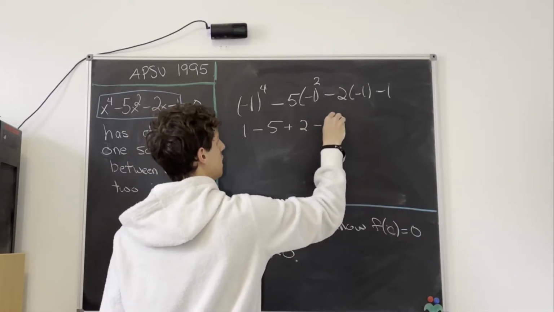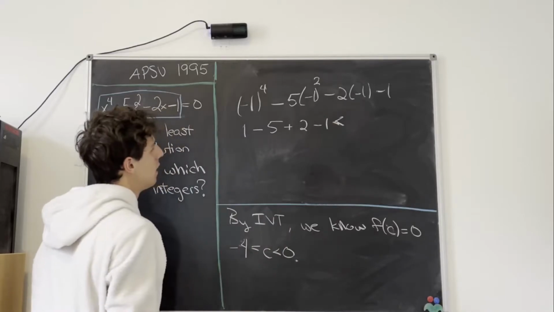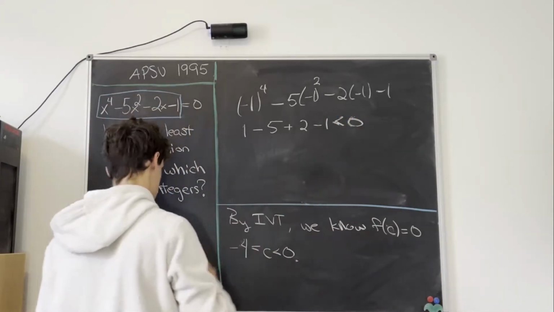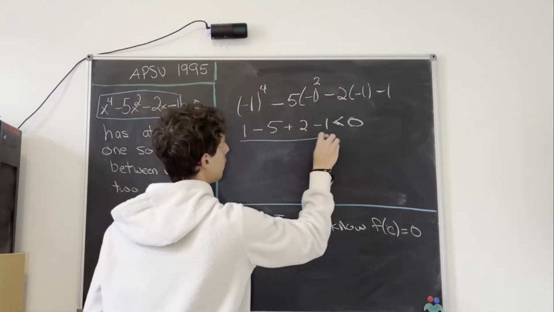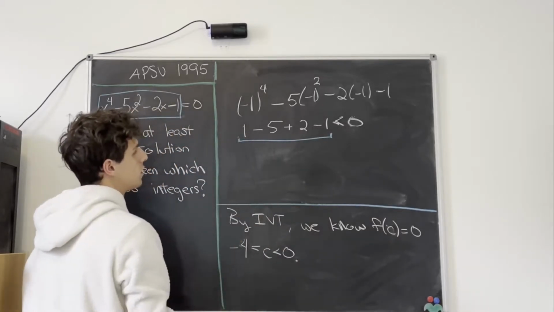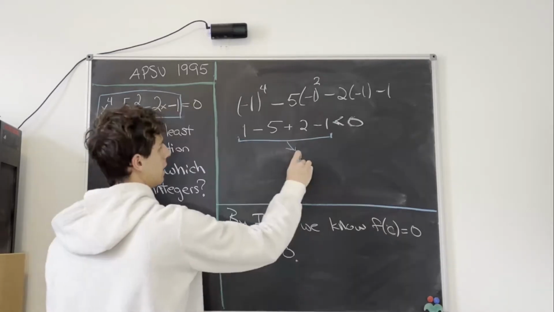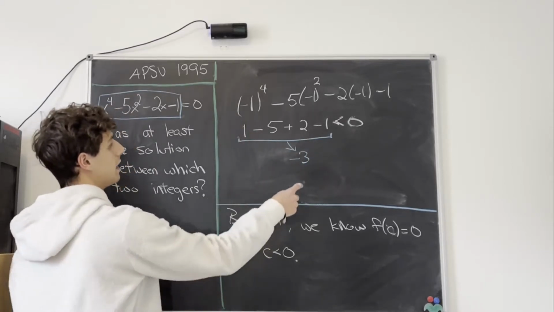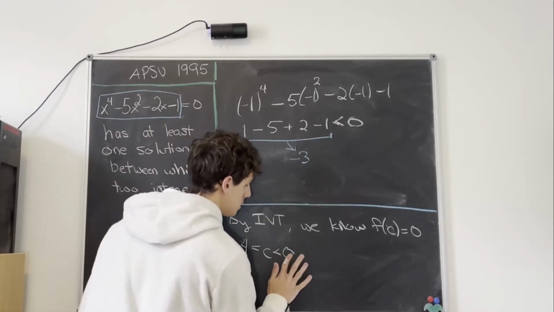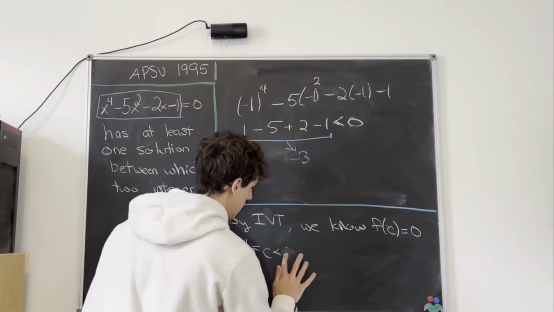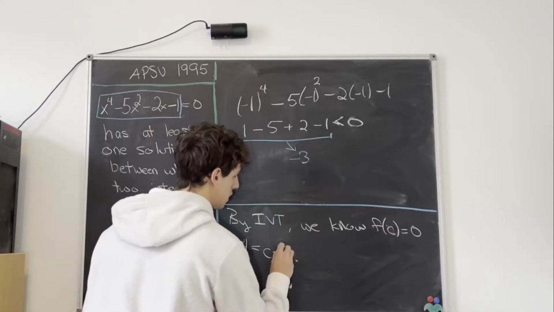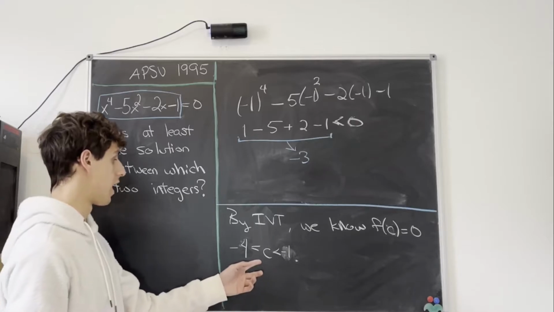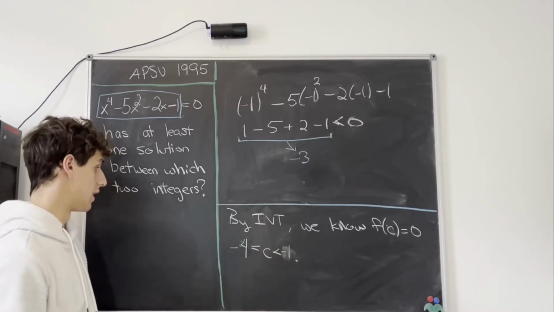That is going to be less than 0, because this thing that I underline in blue is going to be equal to -3. Because we plugged in -1 and got a negative number back, we can reduce this bound from 0 to -1, and we're slowly closing in on our integer values that c is between.